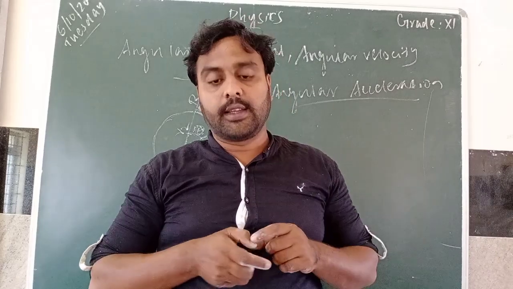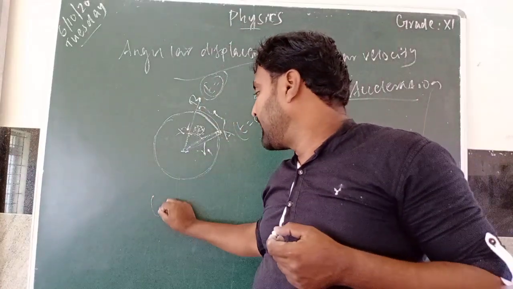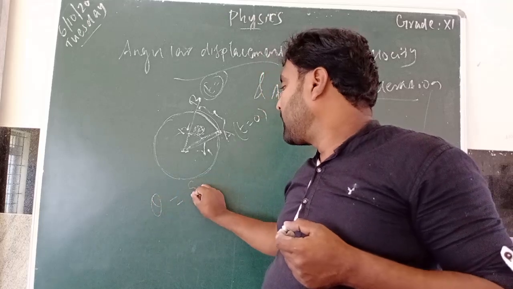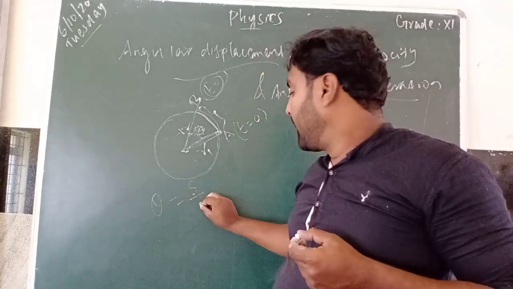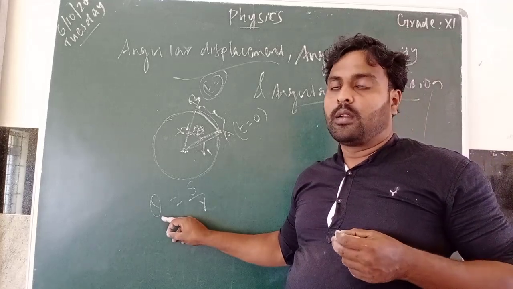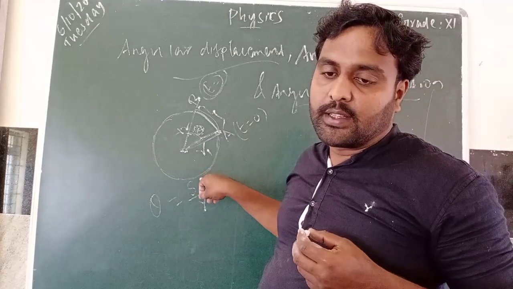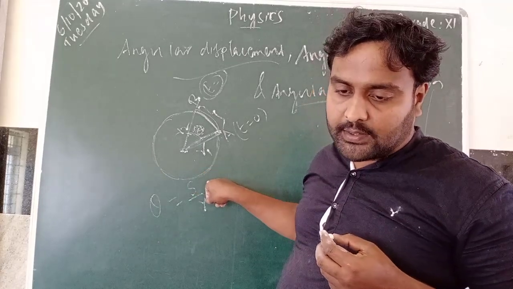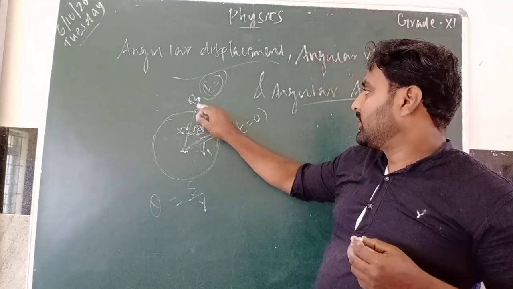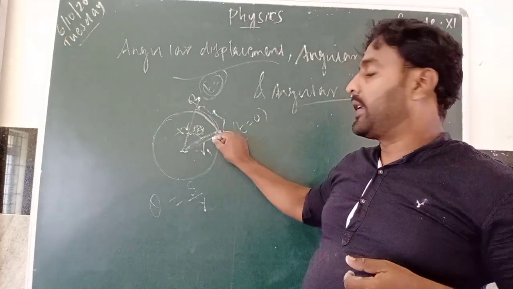That is what we are saying, angular displacement, and there is a relation: theta is equal to S by R. Theta means angular displacement. S means this arc distance, R means radius.